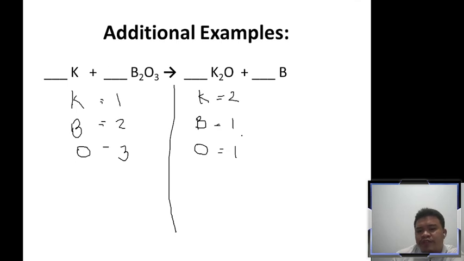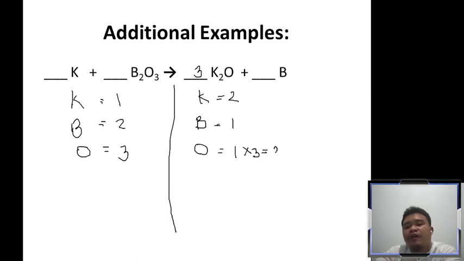We have to consider oxygen here. Oxygen is 3 here and oxygen is 1. So since 3 here is bigger than 1 on the other side of the equation, I can add a coefficient of 3 to make my oxygen here as 3.